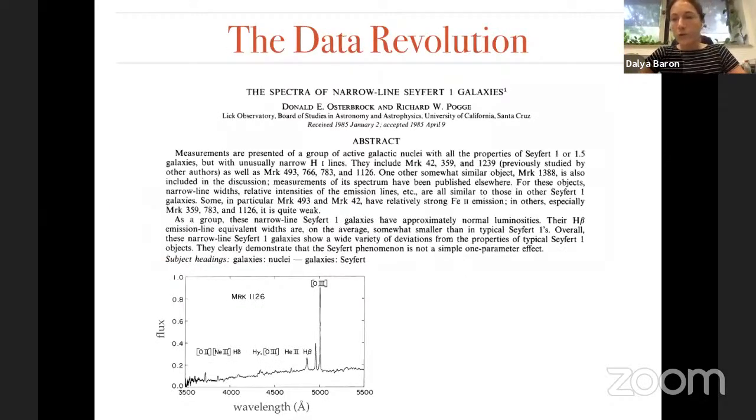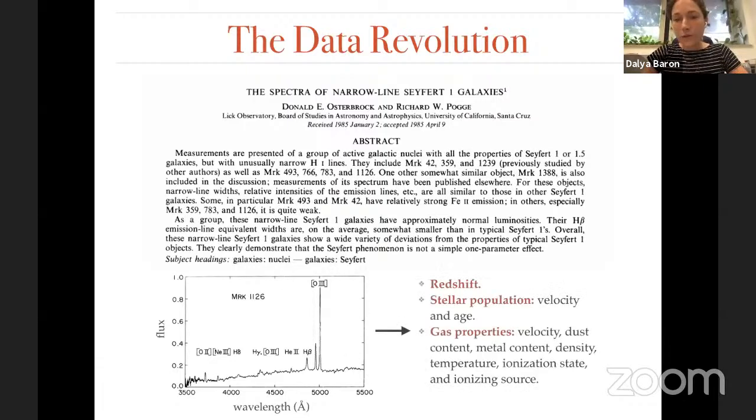So I want to start with a revolution that astronomy has gone through in the past 2 decades or so. I'll start by showing you a paper from 1985. This is a paper by Donald Osterbrock and Richard Pogue, where they present spectroscopy of 6 galaxies. You can see here an example of one of the spectra they got.